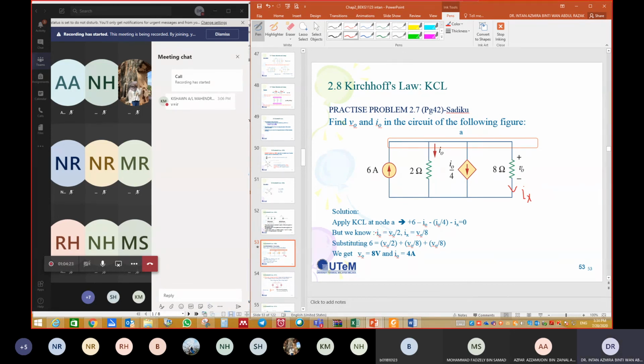And we know that I naught is here. I naught is equal to V naught over 2, because it is a parallel circuit, right? So the voltage across the 2 ohm is equal to the voltage across the 8 ohm, which is V naught.